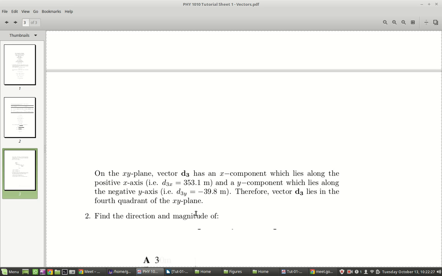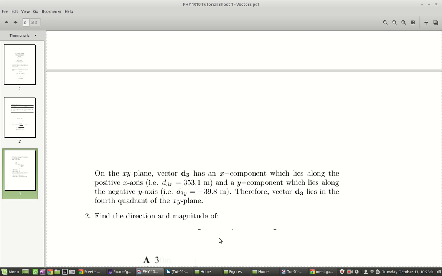Sorry, I wanted to ask, the first statement you've written says the x component of vector D3 lies along the positive x-axis. Doesn't that mean the angle between the x-axis and the vector is 0? No, this is an x component. The x component can either lie along the positive x-axis or along the negative x-axis.